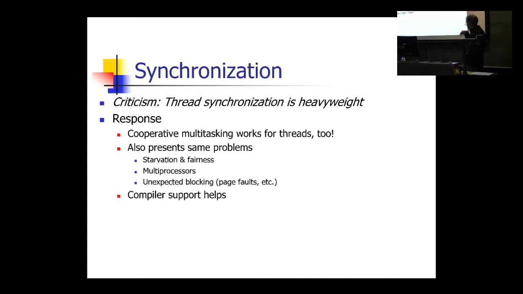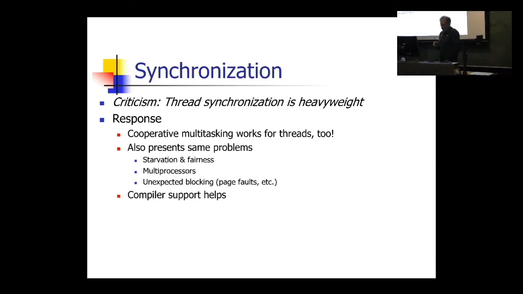Synchronization. One of the advantages of the event model was that there is no synchronization because there's no concurrency, or there's very limited concurrency, because what they would have been doing here is running an event loop per CPU, relatively independent of each other with little shared state. So the argument here is, let's just do cooperative multi-threading within the process, just like events do.